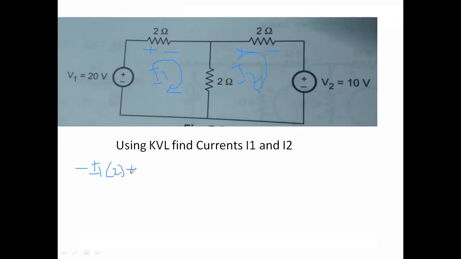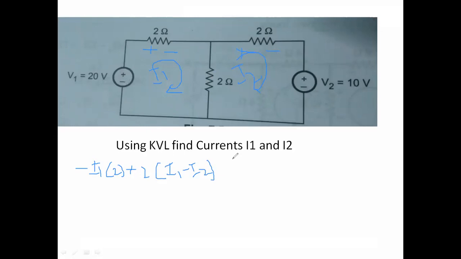plus 2 ohms into, here two currents are flowing in opposite direction, that's why I1 minus I2.